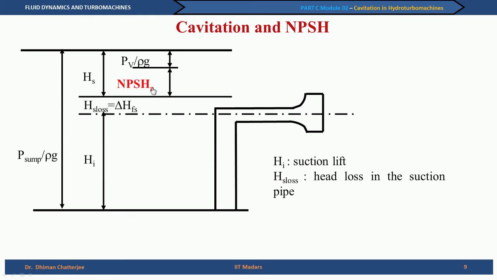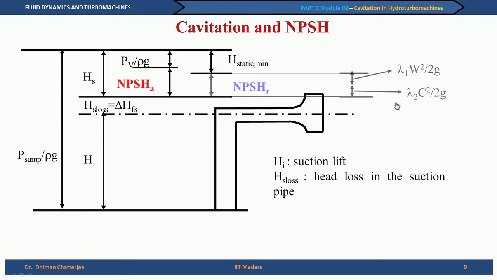I will explain these terms again after finishing this picture. So, similarly, we can think about another term which is called NPSH R, NPSH required, R for required, and that is given by some terms.